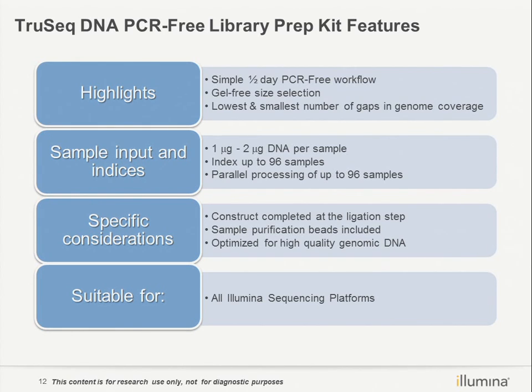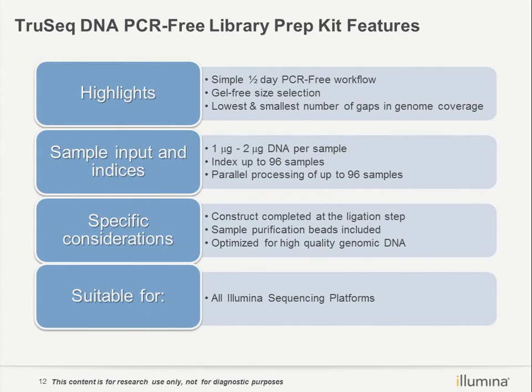And it will give you very good coverage of different regions. We will get the smallest gaps. But without PCR, we need a bit larger amount of input sample, from 0.1 microgram in the Nano kit to 1 microgram in the PCR-free kit. Similarly to the Nano kits, we can also index up to 96 samples by pooling 96 samples in one library.